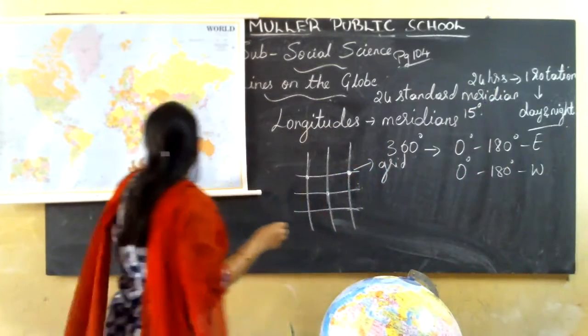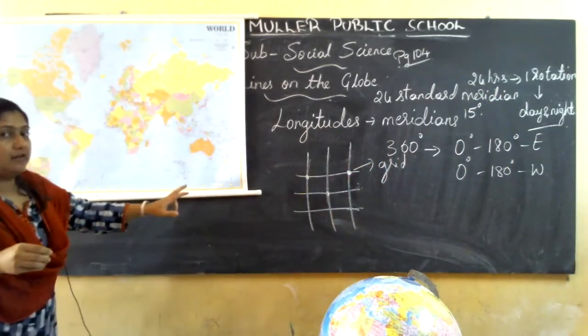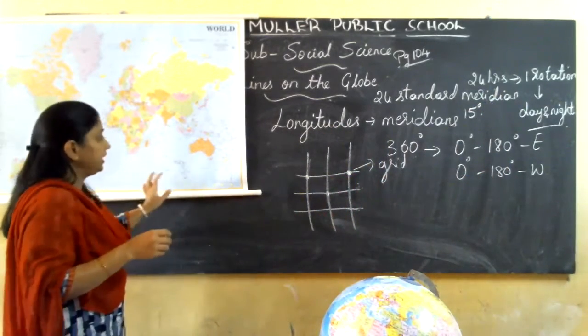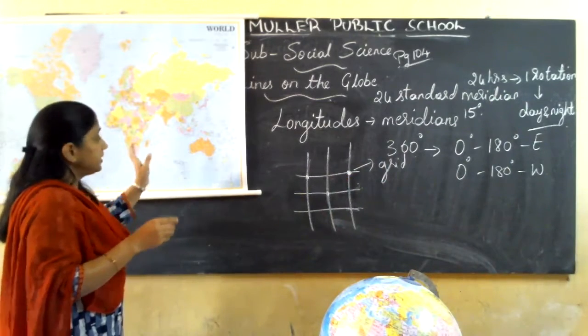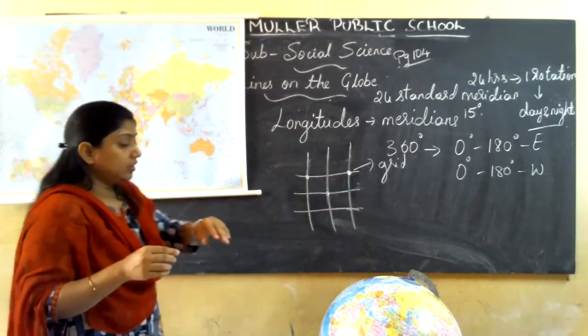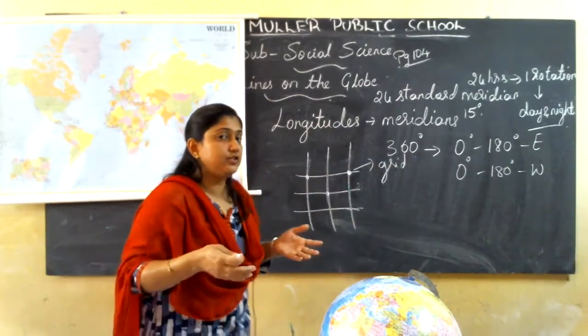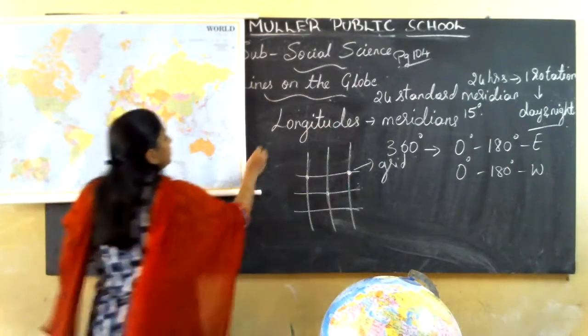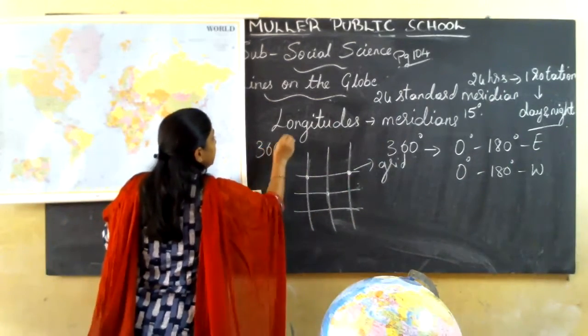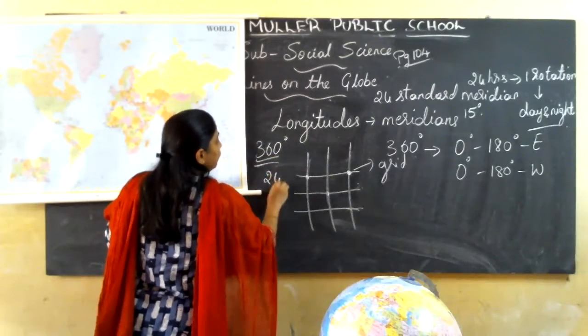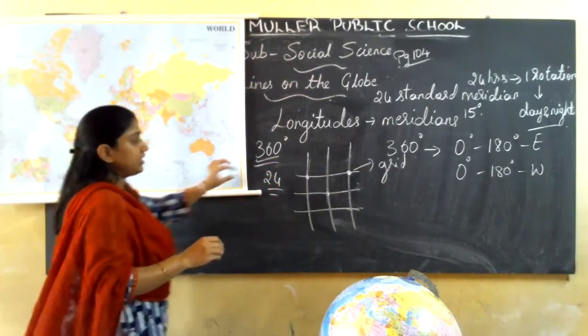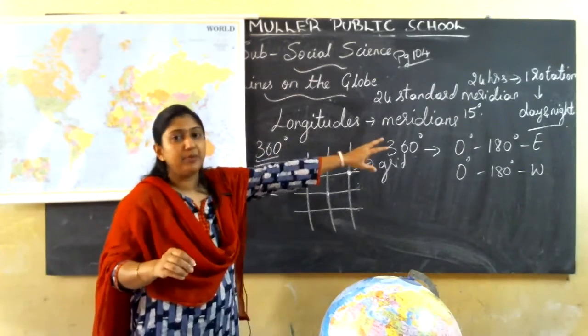So 1 degree, 2 degree, 3 degree, like that you will have. Since the earth takes 24 hours to complete one rotation, isn't it? So they have divided the 360 lines into 24 standard meridians, where each meridian is 15 degree apart.